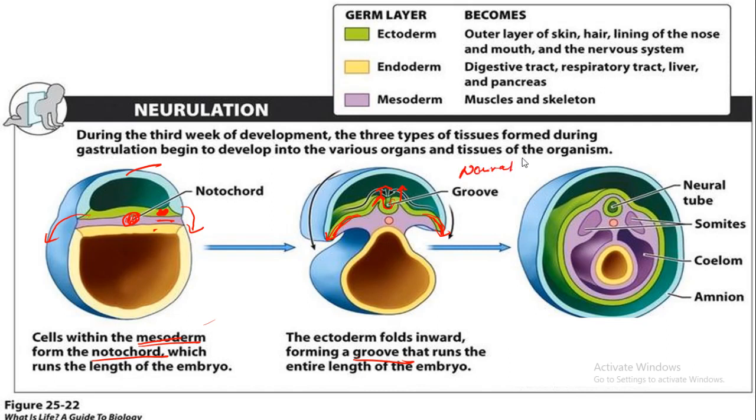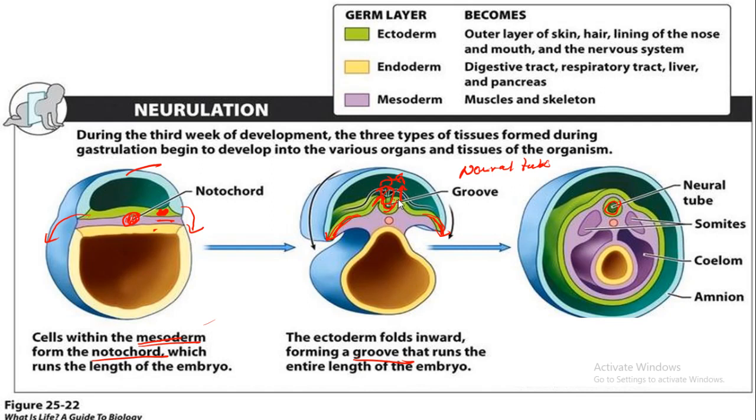The neural tube. Okay, so in that case, this groove has been formed, and there are neural folds which have been formed. So the lateral neural folds will start moving this side and that side, toward the midline, and they will cross at one point, they will meet. And when they meet, they will form a hole-like structure which is known as the neural tube.